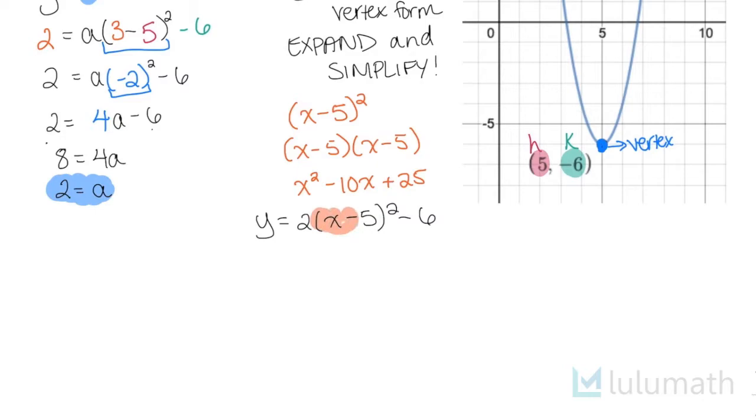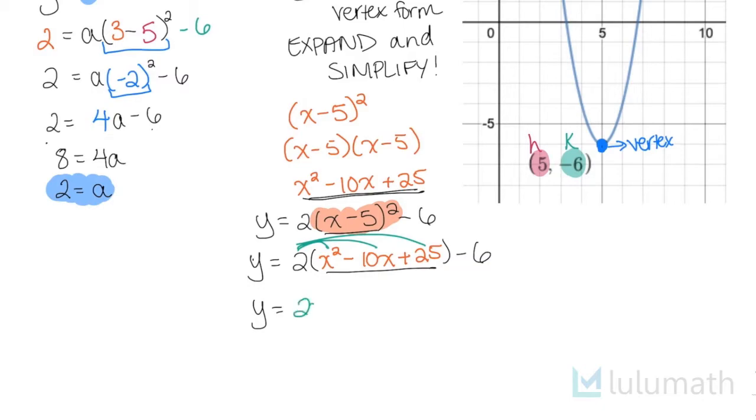So since our equation was y equals 2 times x minus 5 quantity squared minus 6, and since we expanded this here, we can rewrite this as y equals 2 times the quantity x squared minus 10x plus 25 will go in here instead of x minus 5 squared, and then minus 6. Now all I have to do is distribute this 2 through.